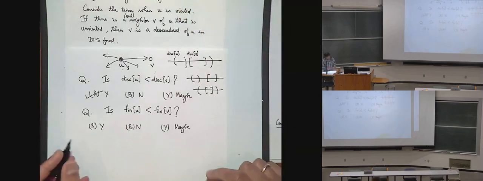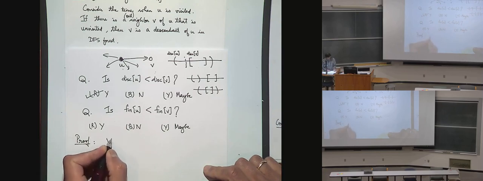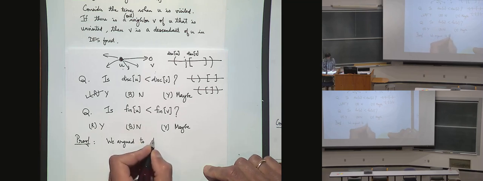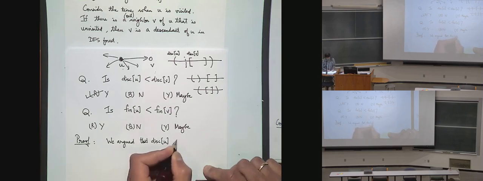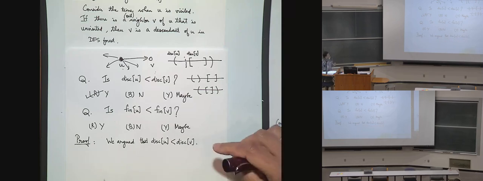So I'm just going to write out the proof of this theorem. I'll say we argued that discovery of U is less than the discovery of V. Sure, that we did over here.